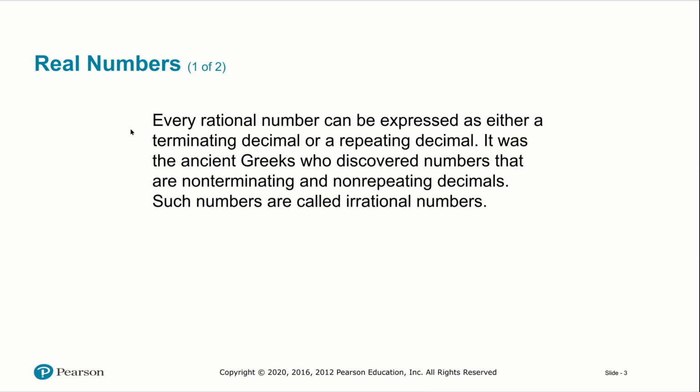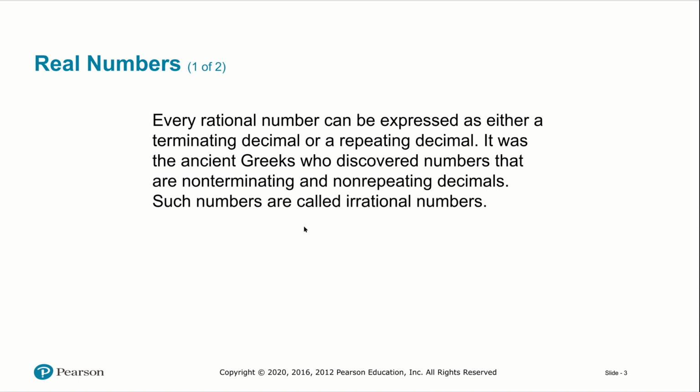Now, in a previous video, we've already discussed the fact that every rational number can be expressed as either a terminating decimal or a repeating decimal. It was the ancient Greeks who discovered there are numbers that are neither terminating nor repeating. So we call them non-terminating and non-repeating. We don't need a hyphen for these words. They're actual words in mathematics.